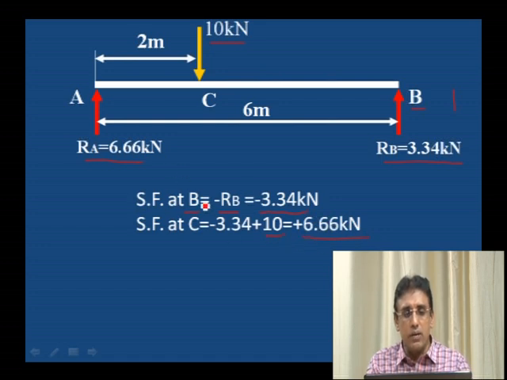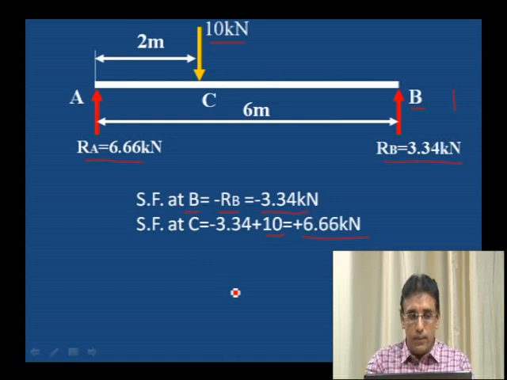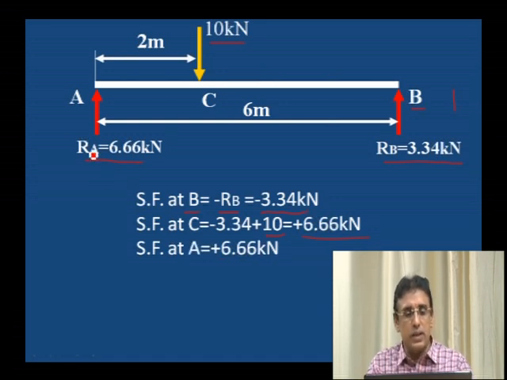Here we can observe the shear force at B was a minus value and it changes to a plus value at C. Shear force at A: no further load is added between A and C. If any other load is added, then we have to add it to the previous value of shear force. Now no further load is added, therefore shear force at A is equal to 6.66 kilonewton.